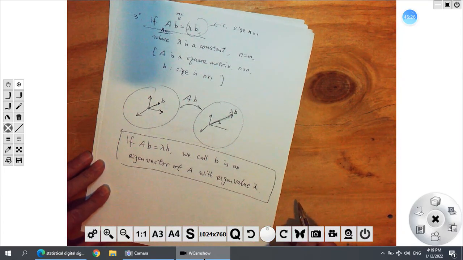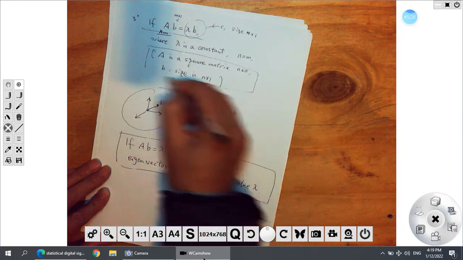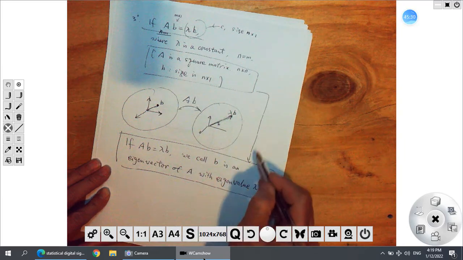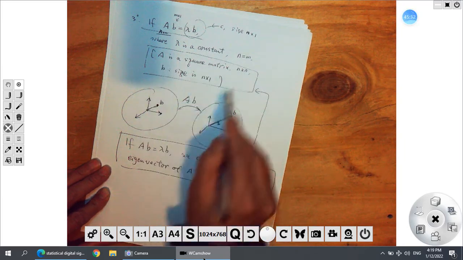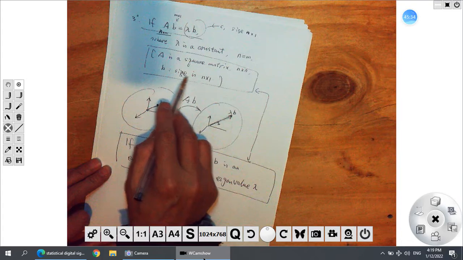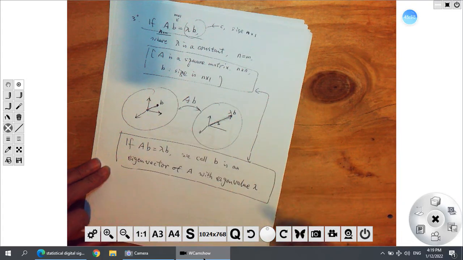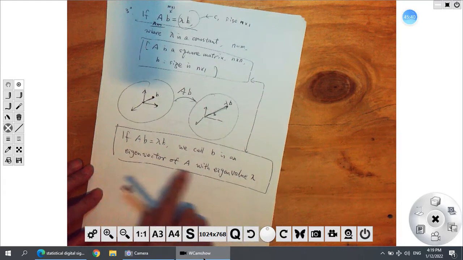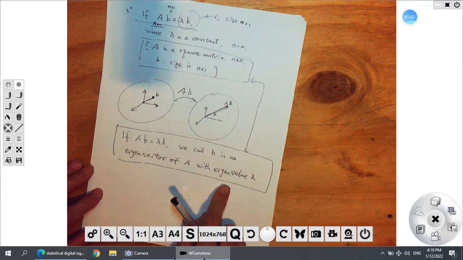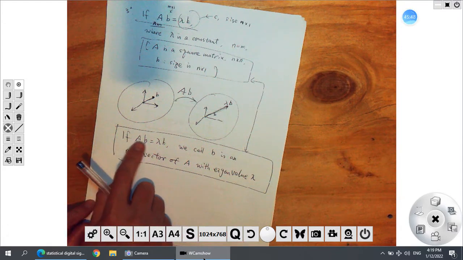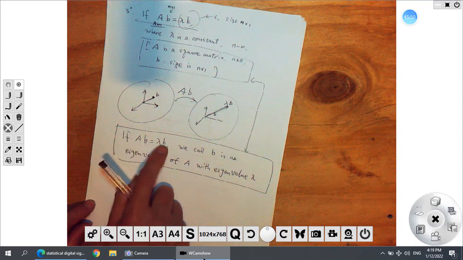Here A must be a square matrix. This is a condition: A must be a square matrix, and B should be a size n vector. This is the eigenvector and eigenvalue. Now, how to find the eigenvector and eigenvalue? Actually, this is a kind of equation.